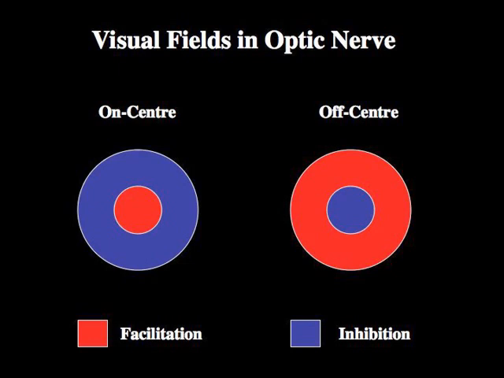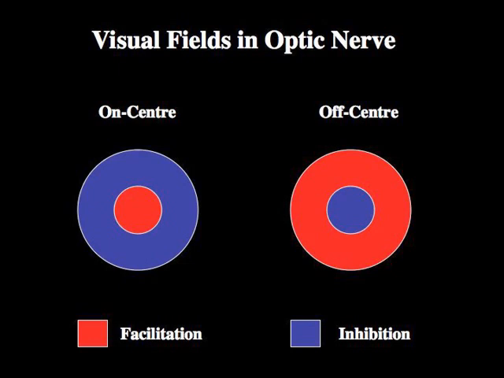So an axon with an on-center visual field is facilitated by light landing in the center of its visual field or area of sensitivity, and is inhibited by light falling on the periphery.